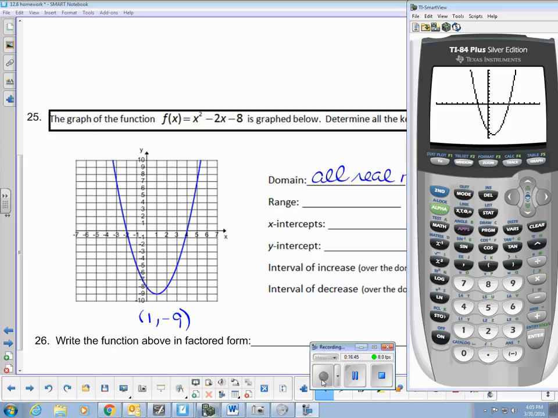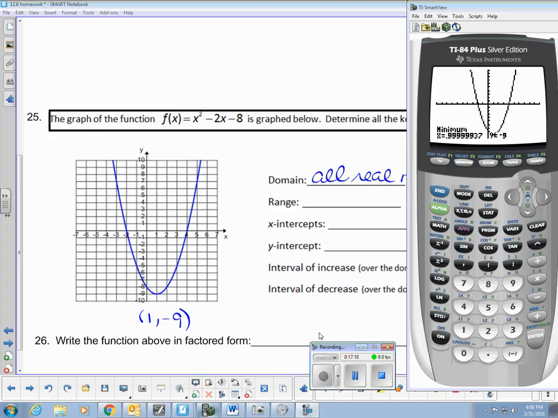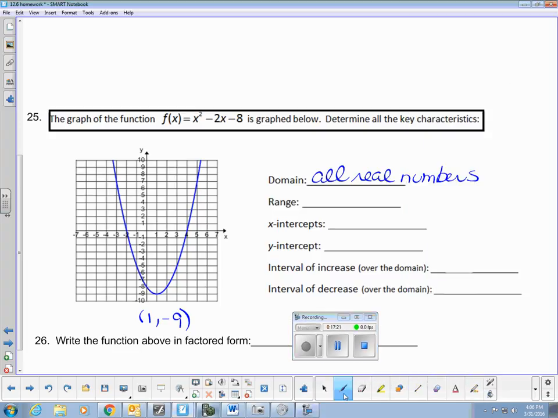All right, I went back and I changed my window, and this looks a little bit better. Not sure what happened the first time, so let's try that again. Let's find the minimum value. Okay, I like that better. So 0.999, very close to 1, comma, negative 9. So that means that my range is y is greater than or equal to negative 9.